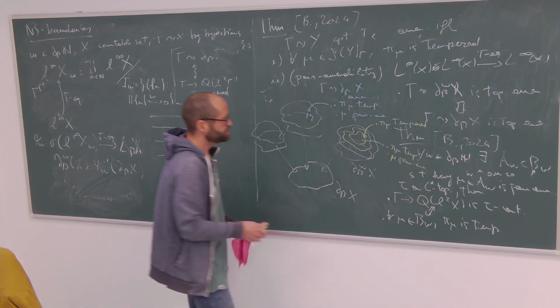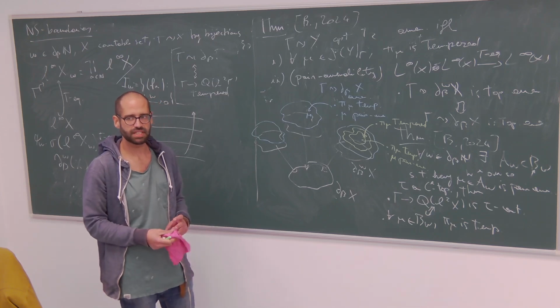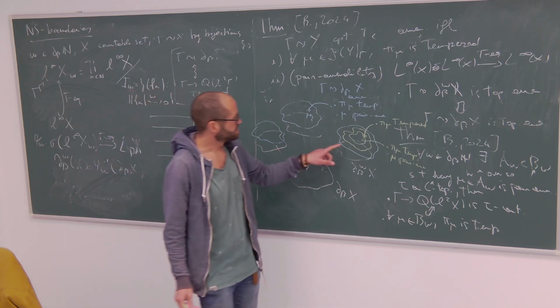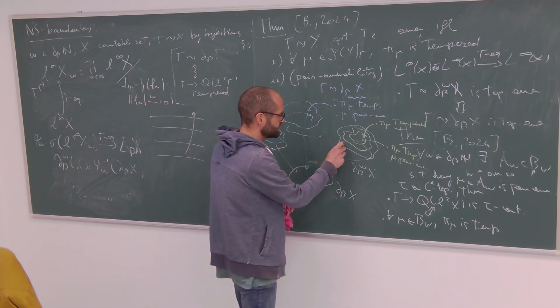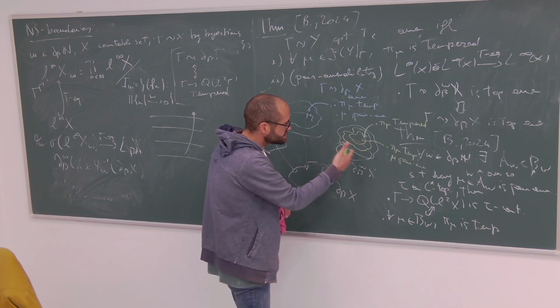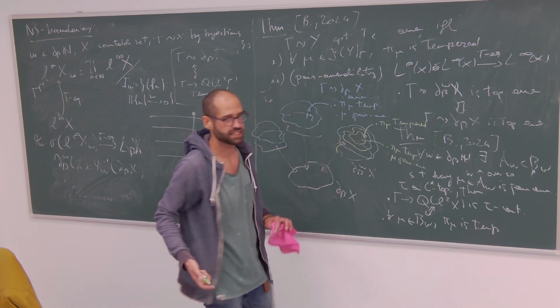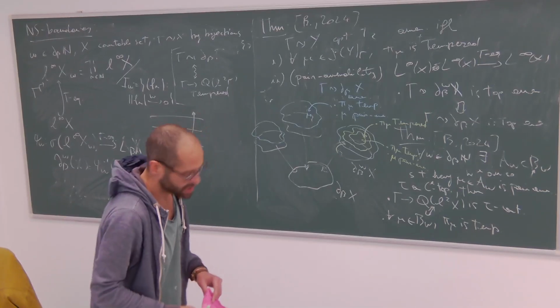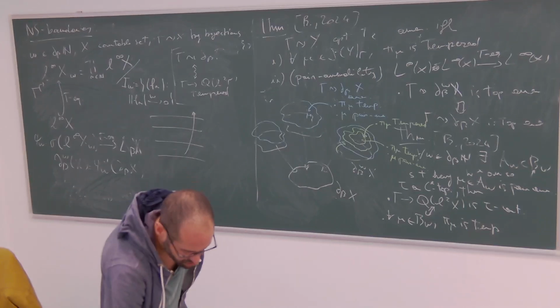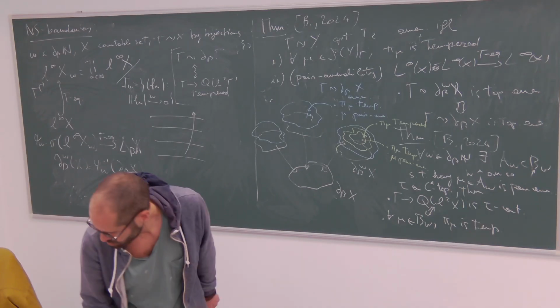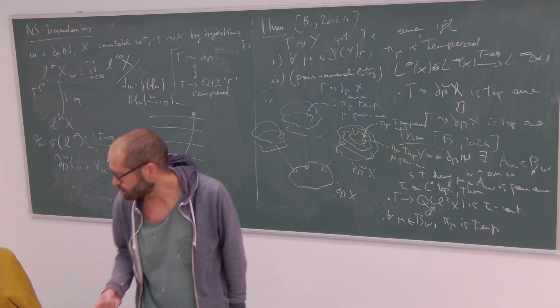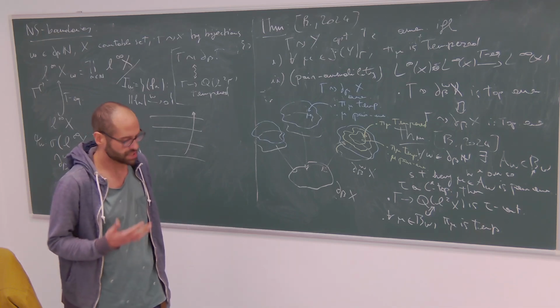So the difference between bi-exactness and the AO property really lies in very strange measures that are in the closure of these subsets.